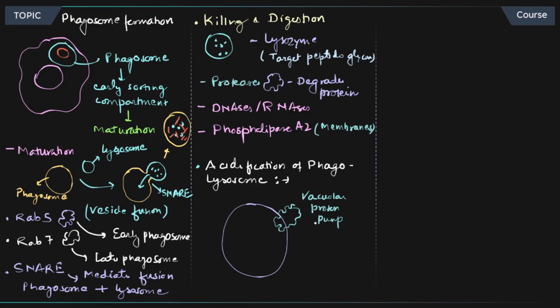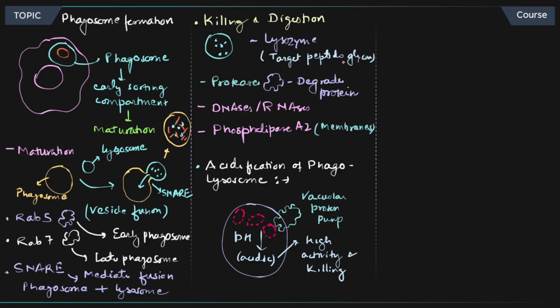These proton pumps play a very, very important role in lowering the pH and making it acidic, right? Because of that, these enzymes work really, really fast, with high activity and high killing activity, and those pathogens, the red colored pathogens, will get immediately degraded. So that is very important for digestion of these molecules.